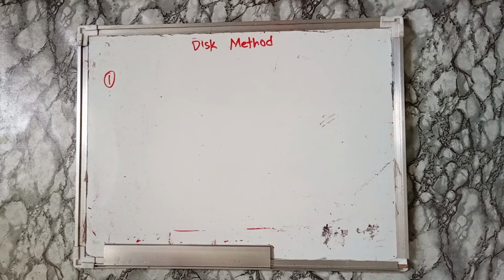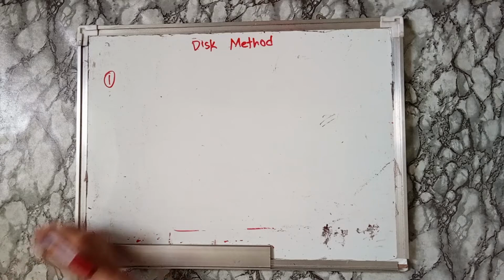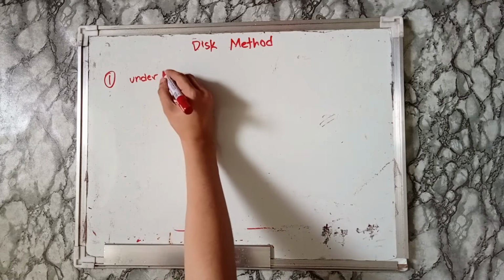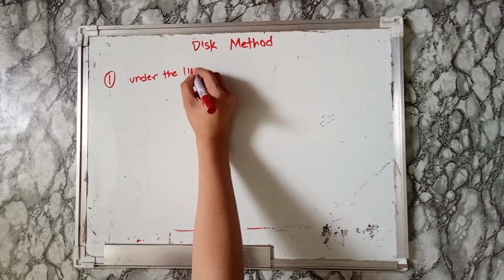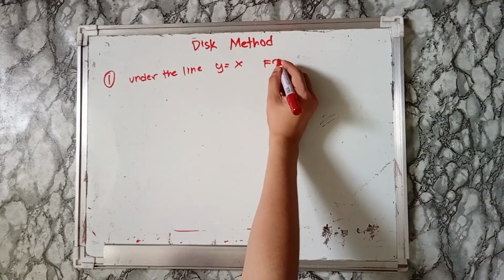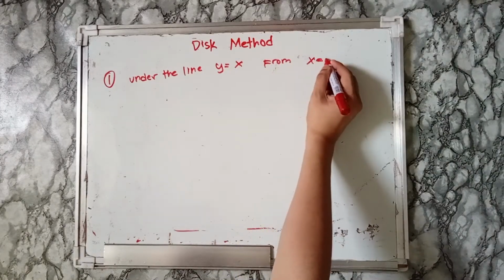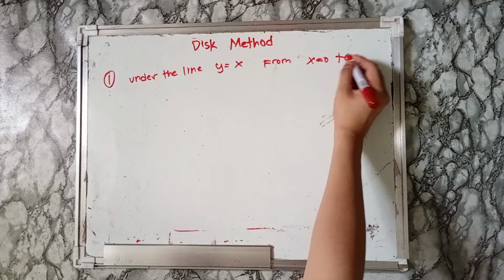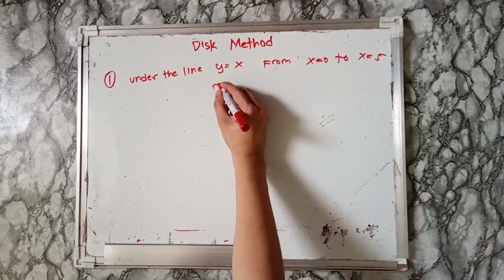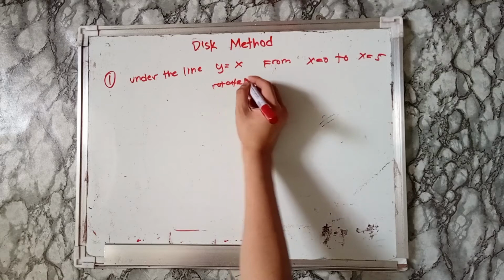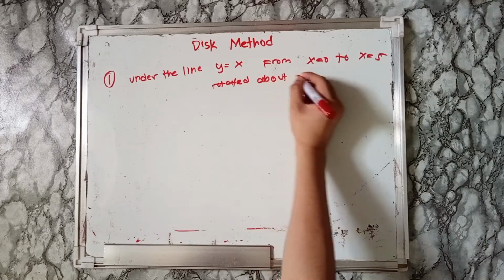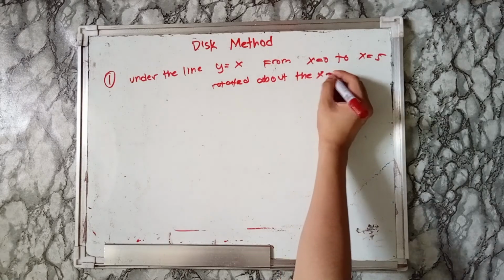Supposing we have to determine the volume if the area under the line y is equal to x from x is equal to 0 to x is equal to 5 is rotated about the x-axis.